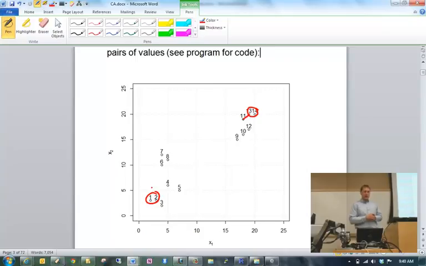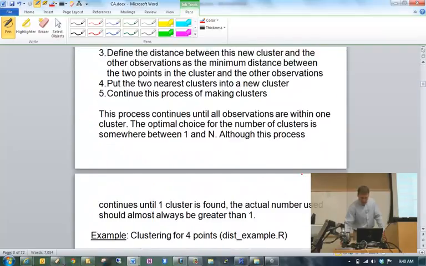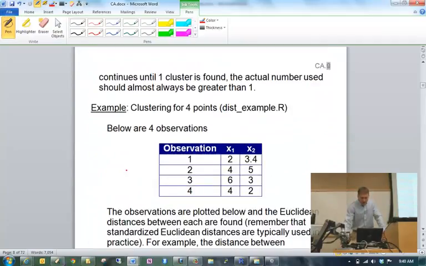Because that is a smaller distance than, let's say, 2 and 3, or 2 and 4, or even 11 and the cluster that has 13 and 14 in it. So that's step 4. Step 5, continue this process of making clusters until you end up with one cluster in the end. So let's take a look at a plot.